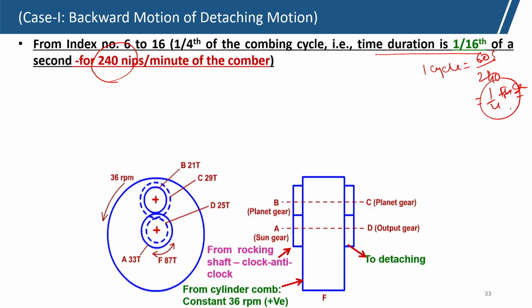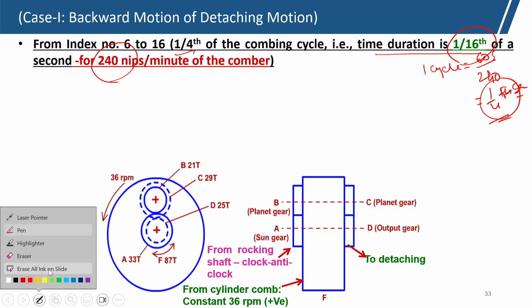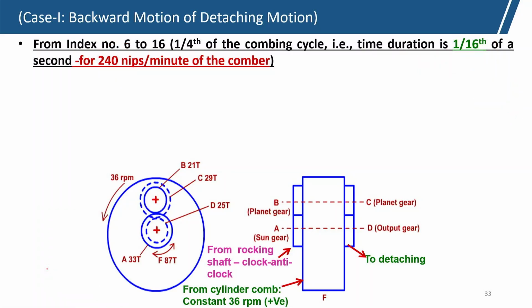For 1/4 second one cycle is taking place, one nipping is there, and 1/4 of the combing cycle will take 1/16th of the second. That is how 1/16th comes. So, we should remember T1 is 1/16th of second.